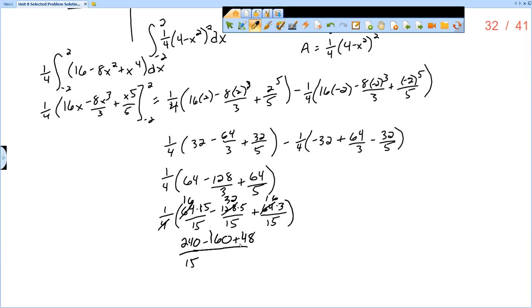So 240 minus 160 plus 48 gives me 128 fifteenths. And that is the volume that we get for problem number 6.